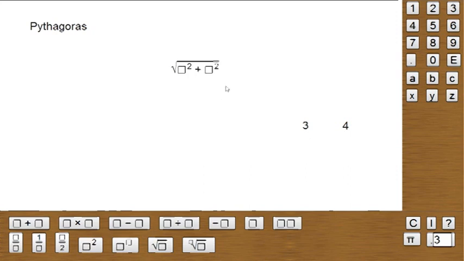We now have an active calculation algorithm for Pythagoras. Let's give its variables values. And we'll calculate one stage at a time.